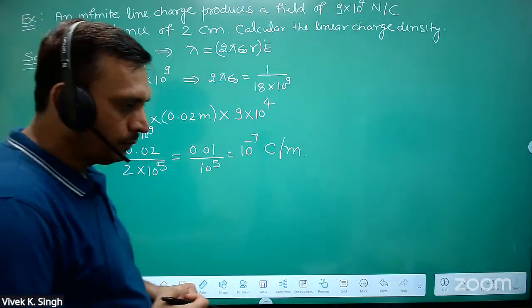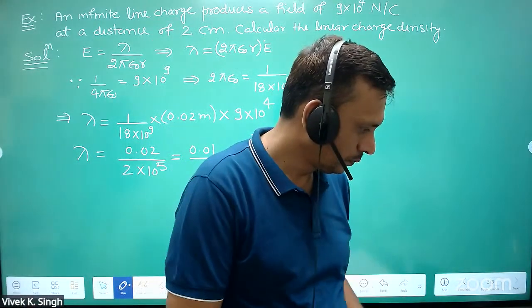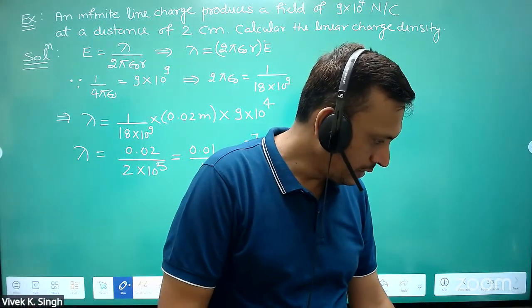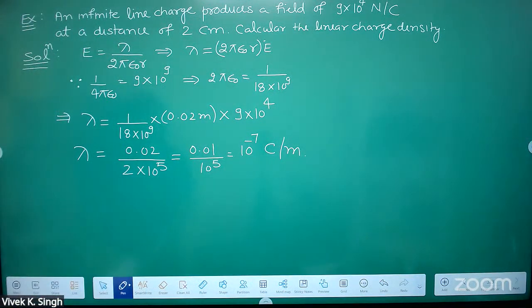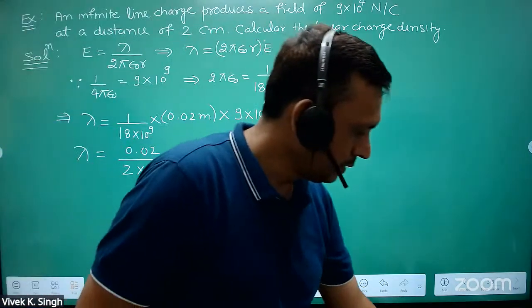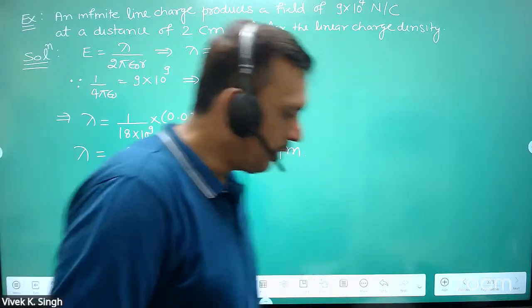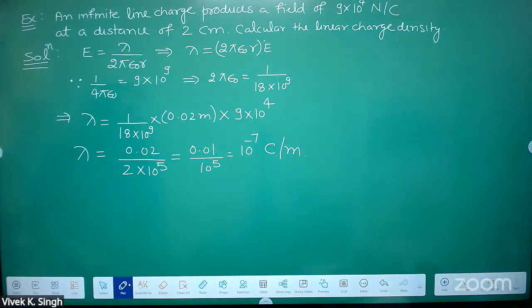So note it down. Now next case is infinite sheet. Let's see. Another case is infinite sheet. Uniformly charged infinite plane sheet.